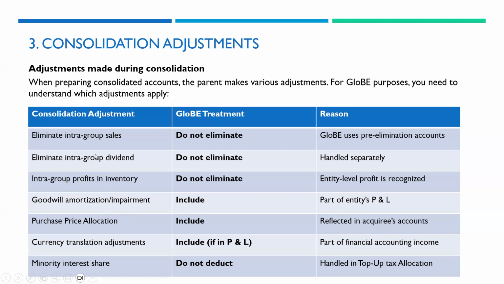Now you tell me, what did you understand about goodwill amortization, impairment, and purchase price allocation? What is purchase price allocation?